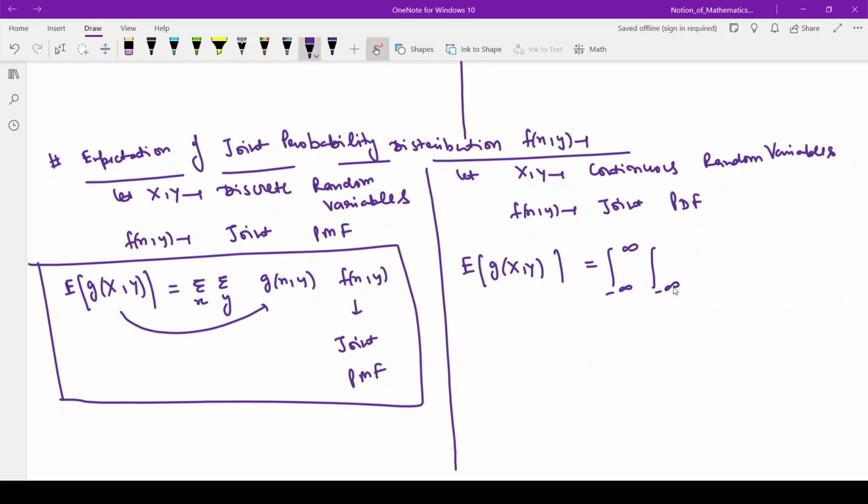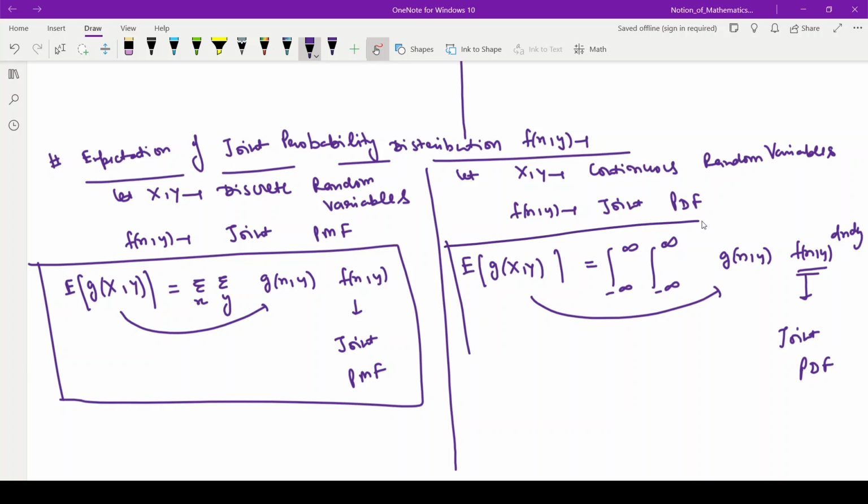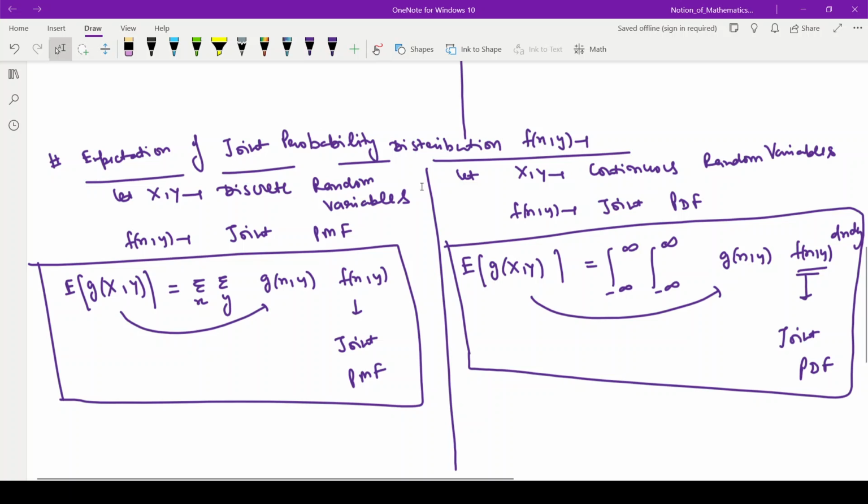Double integration we will be utilizing here, and it will be g(x,y) into f(x,y) dx dy, where f(x,y) is the joint PDF, meaning joint probability density function. So this is the second formula regarding continuous random variables. Now a few more deductions are required here.